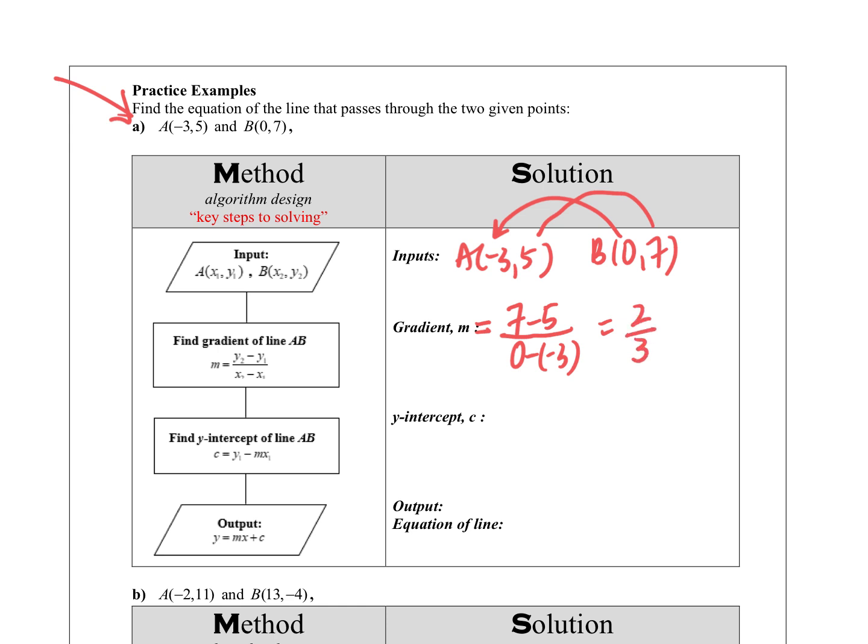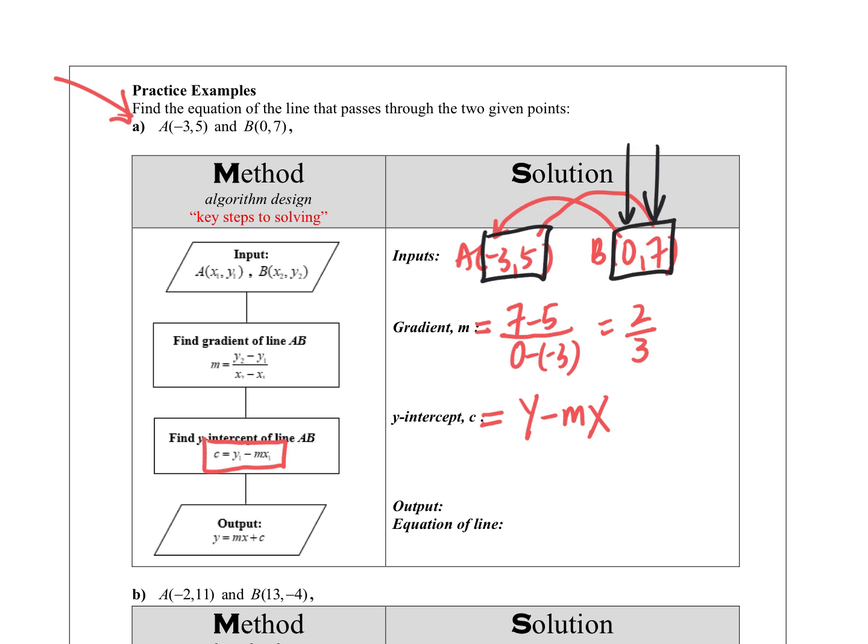Then next step, they say choose one of the points and then use this formula, y minus gradient times x. So you just pick one of the points, either this or this. I will clearly choose this because it's easy. The numbers are easier, no negative. I don't have to deal with difficult calculation.